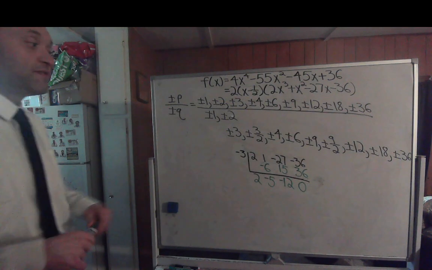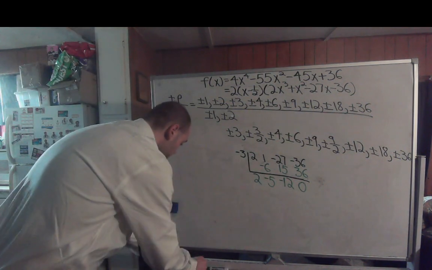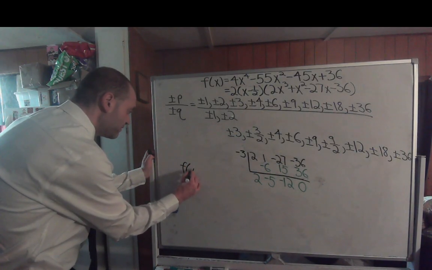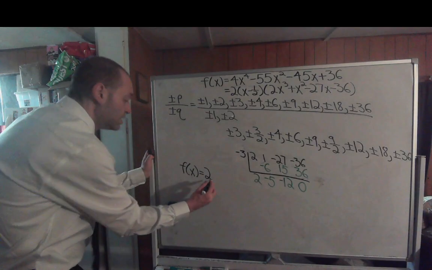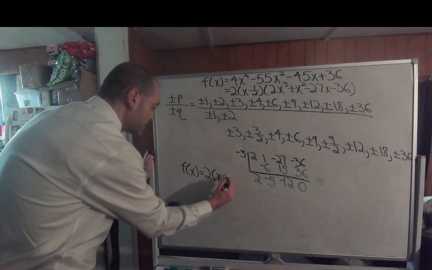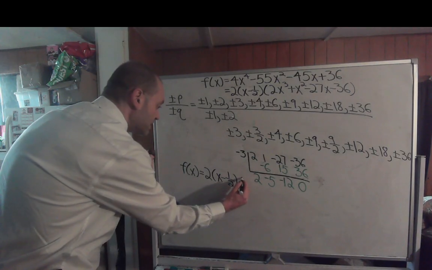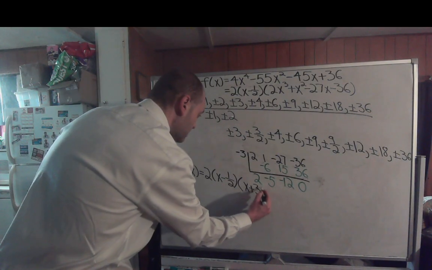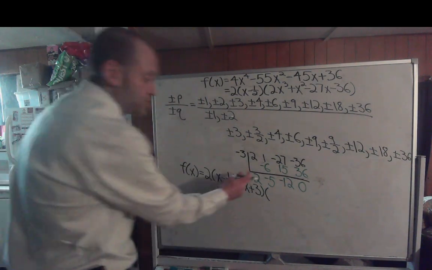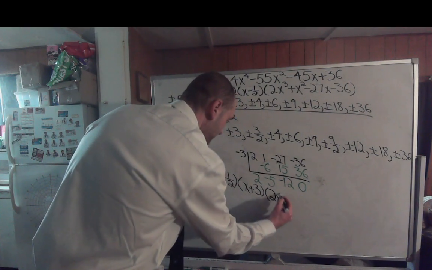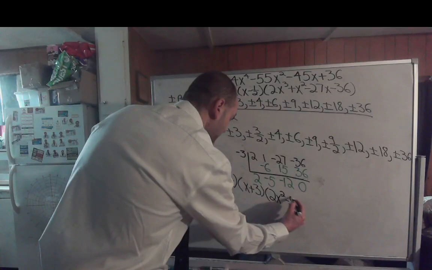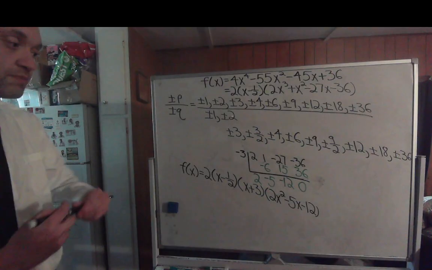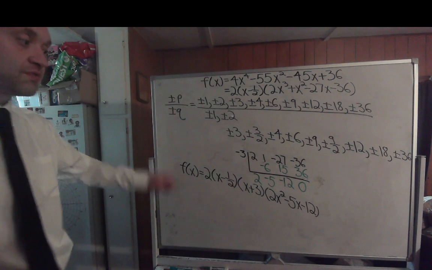That means that we found a factor. So we can write the function factored again: f of x equals 2 times the quantity x minus 1/2 times x plus 3, and then you'll have 2x squared minus 5x minus 12. Let's see if we can factor this quadratic and get a complete set of solutions.